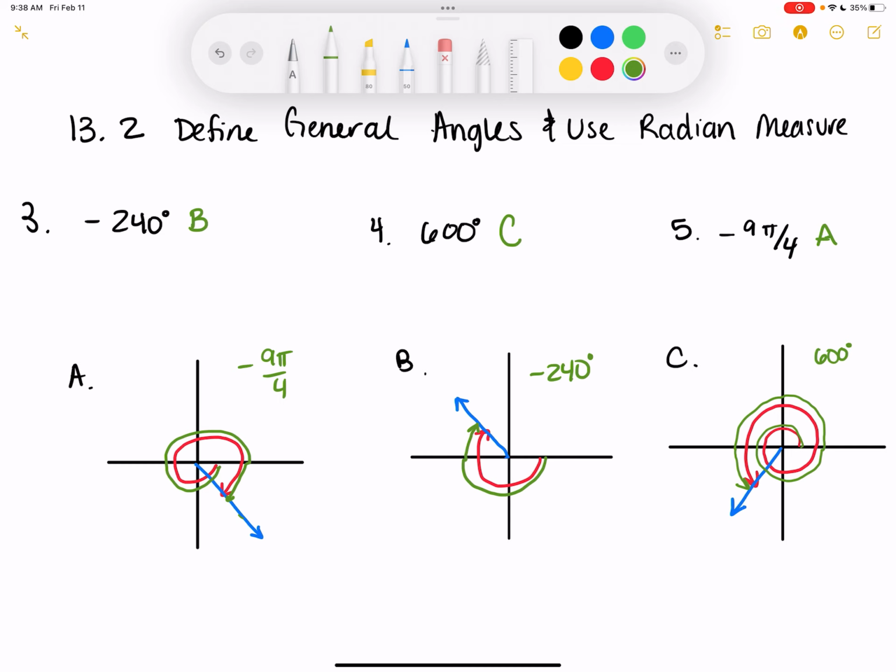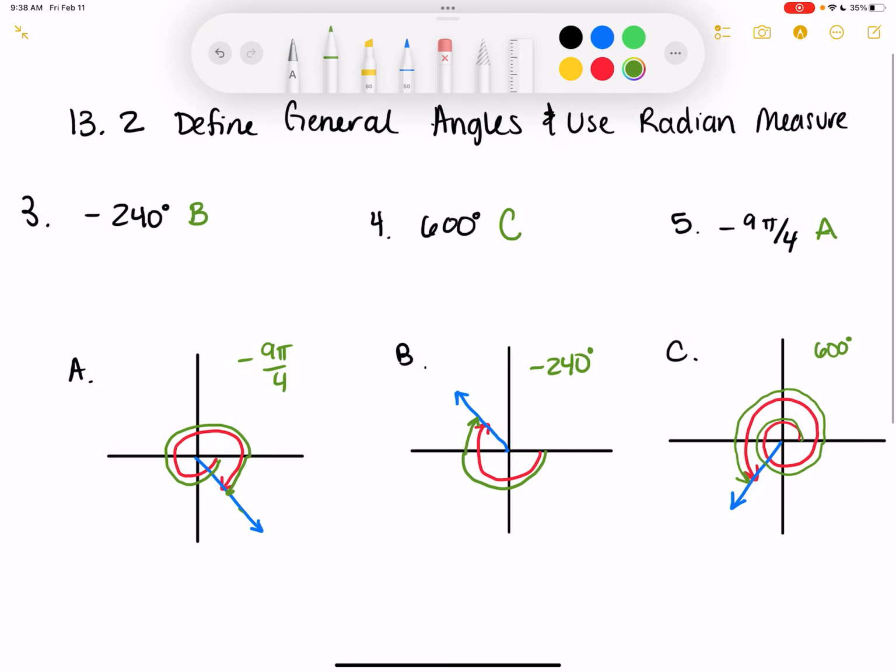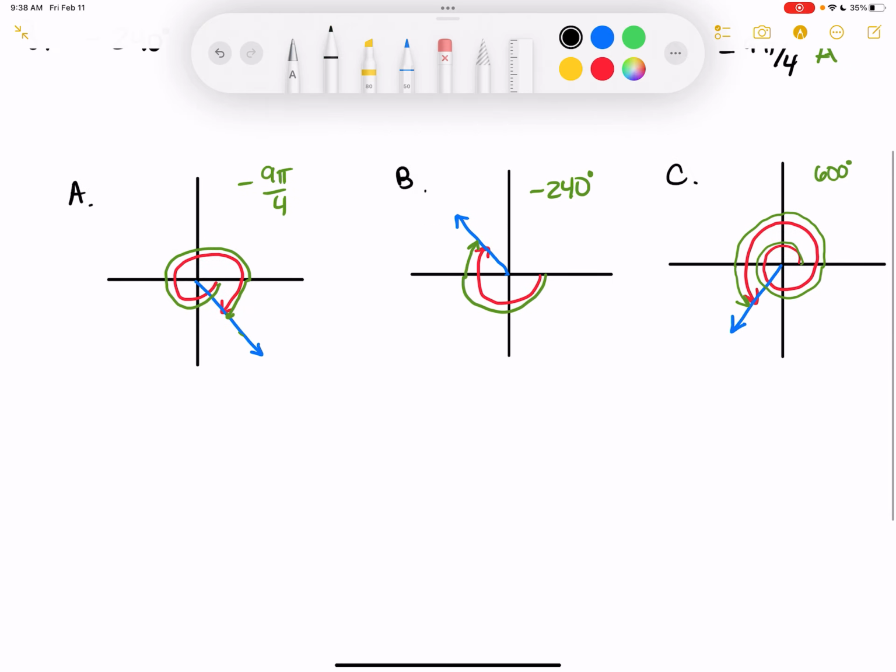All right, so then the next one says to draw an angle with the given measure in standard position. Standard position means basically from the x-axis. That's all that means. Let's start with 6. We've got 110 degrees. Is that a value that we know off of our unit circle?